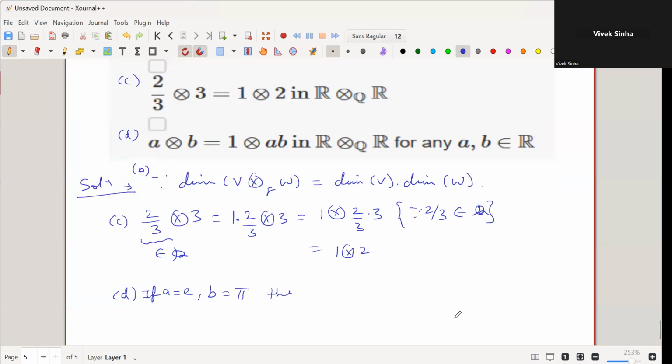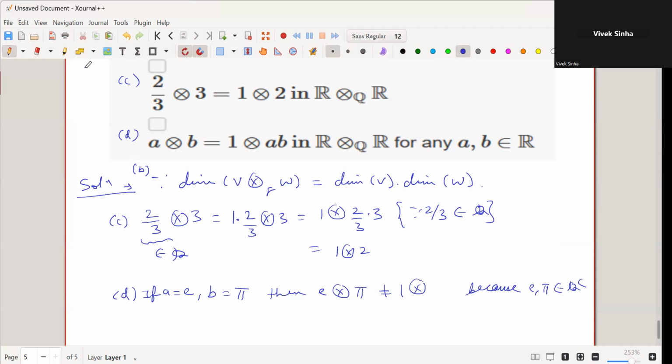Then e tensor pi is not equal to 1 tensor e pi, because e and pi are irrational.